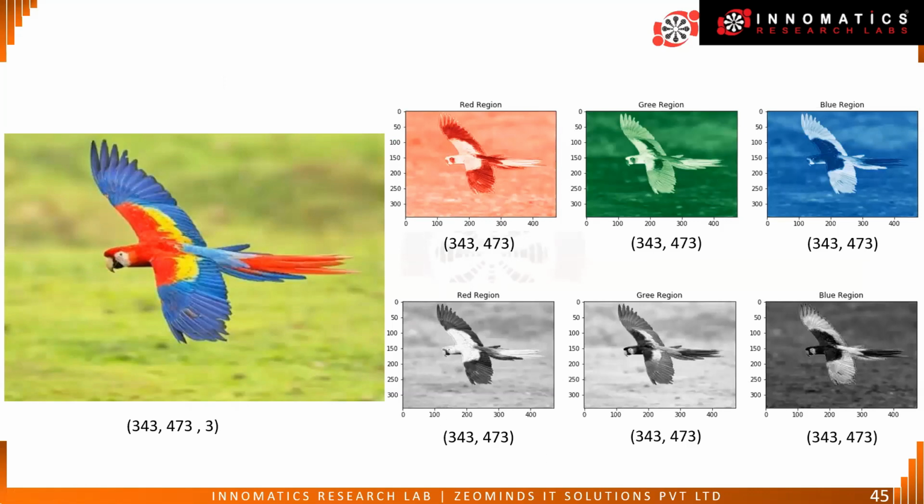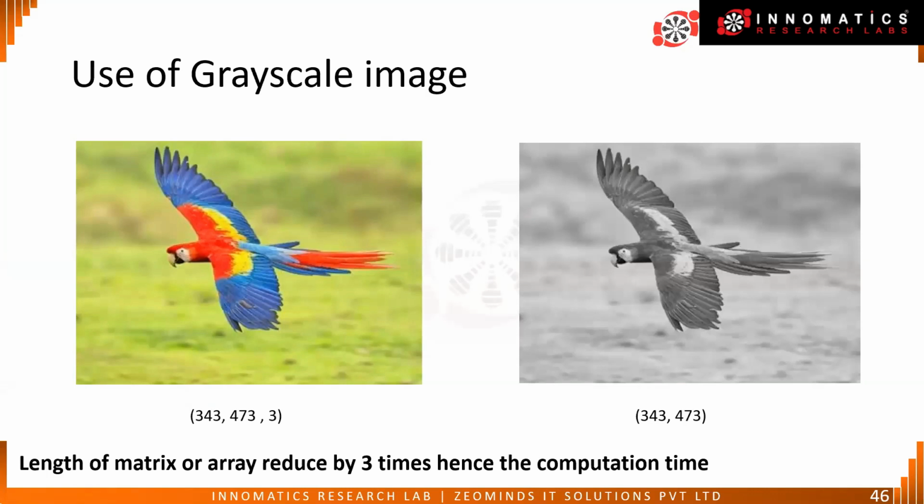We add some 40% of red, 30% of green, and 20% of blue. We add all together and we'll get the grayscale image. That's the formula, so I'll keep it aside. That grayscale is also an array or matrix which consists of the information.